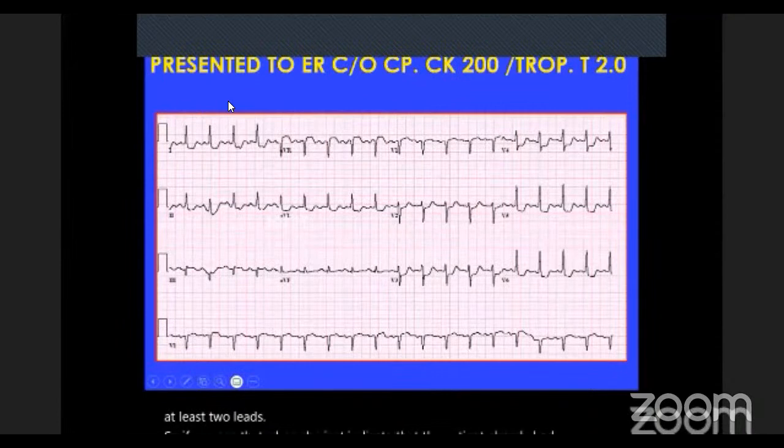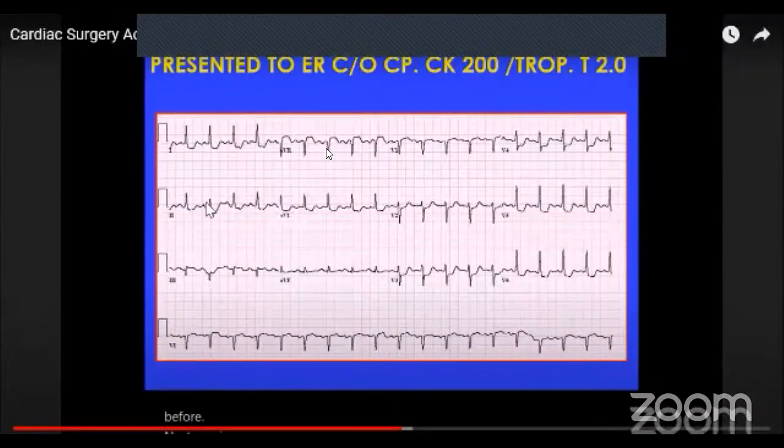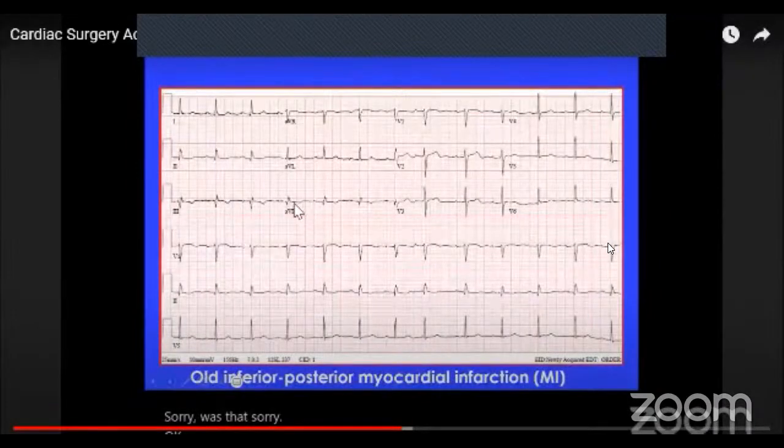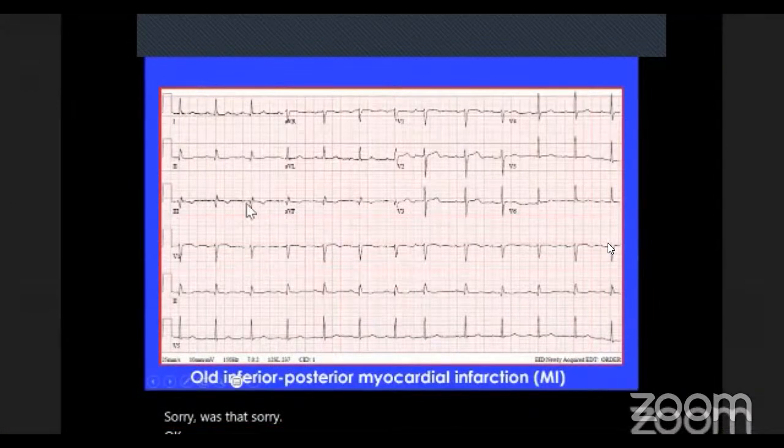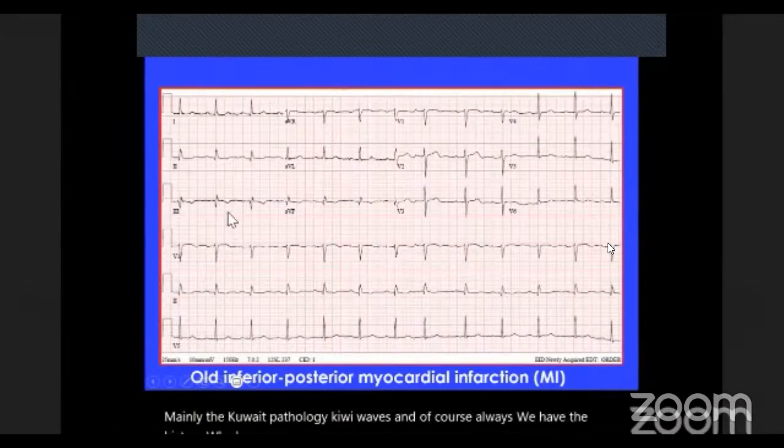Next one. Can we also say that the T inversion indicates old infarction in the previous one? Sorry, what's that? Old infarction in inferior leads, just according to the Q waves, or also according to the T inversion in the same leads? Mainly the Q wave, pathologic Q waves. And of course, always we have the history, because Q wave usually is late. However, it can present within 2 hours of onset of inferior MI.